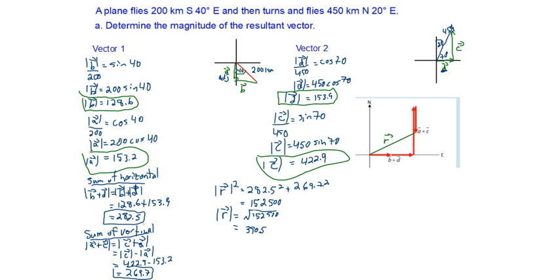Again, if you get 390.46, I think is what you get if you don't round, that's pretty close. That obviously rounds to 390.5. And that's how we can use components. So it seems like a lot, but the nice thing about it is that you only need to use right angle trigonometry, so you don't have to dive into the sine law or the cosine law with it.